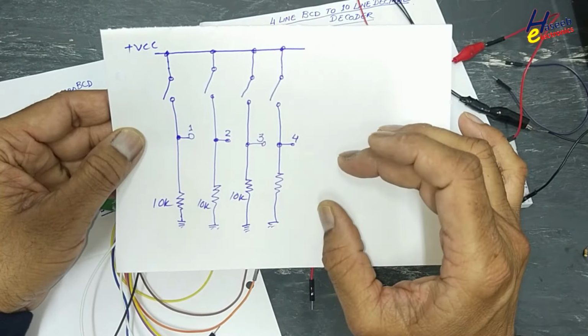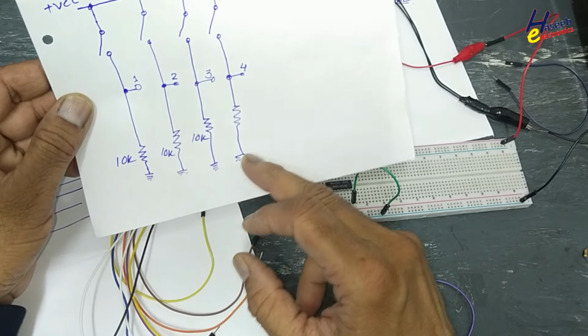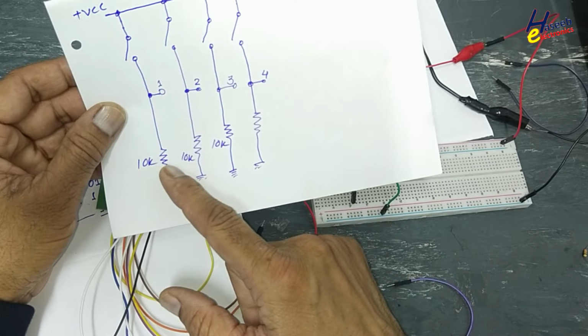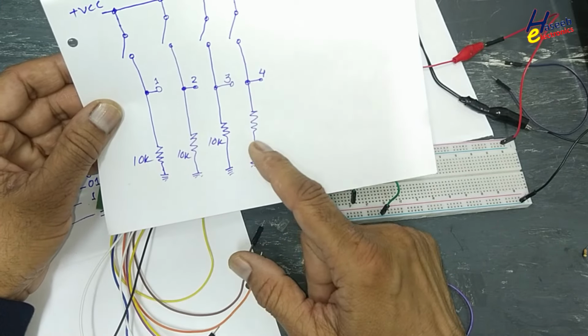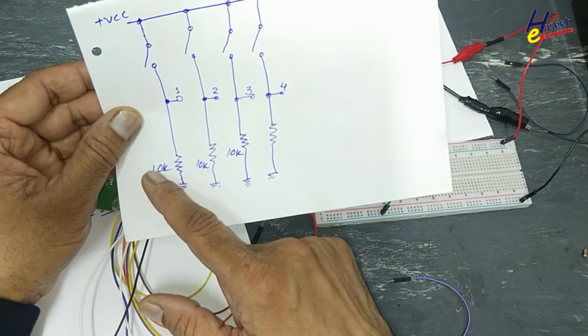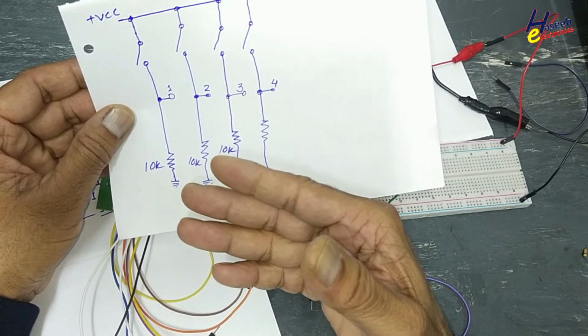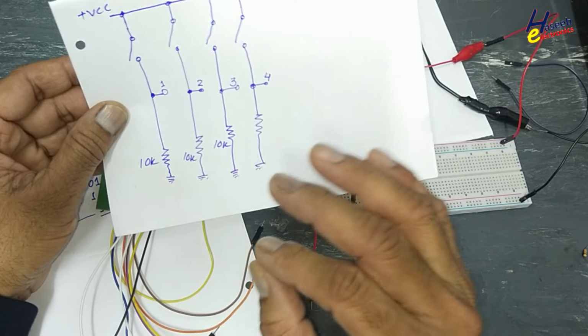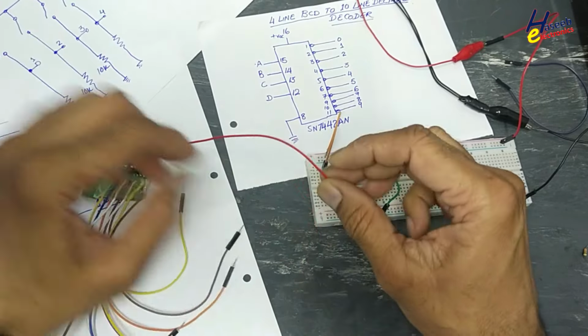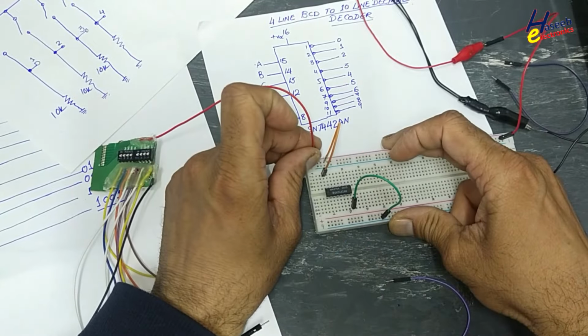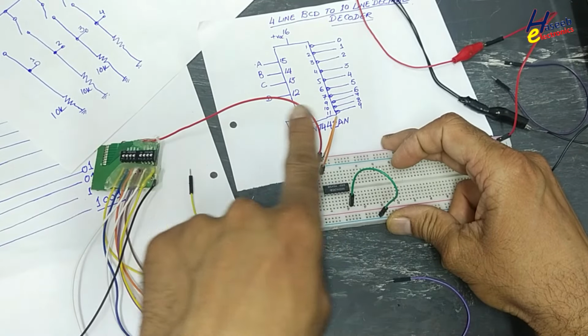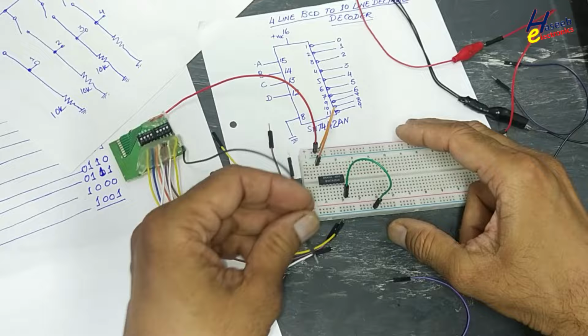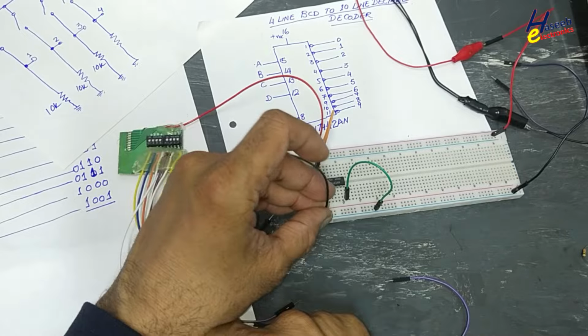You can make it simply using dip switches and resistors. For CMOS you will use 10K resistors. For TTL ICs 4.7K or 3.3K or 2.2K resistors are excellent. I will connect this pattern generator positive to VCC and ground pin to common.